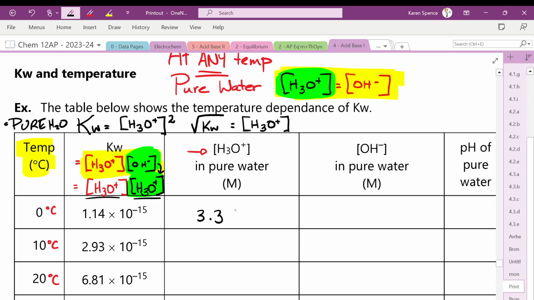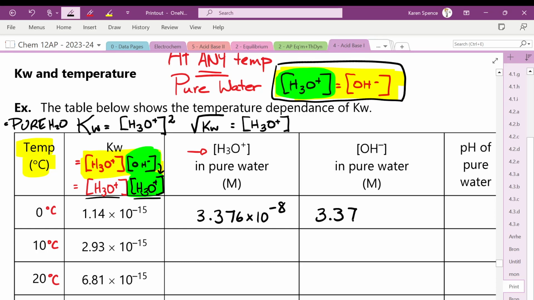I'm just going to throw in some decimal places, okay? Now remember, these two are the same, so this is also going to be 3.376 times 10 to the negative 8.